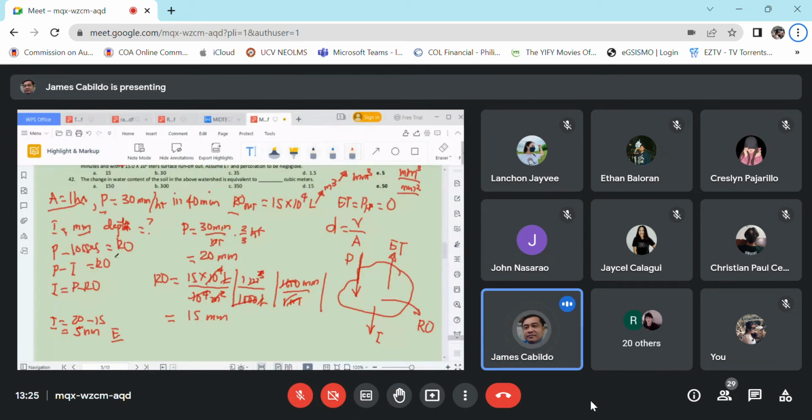Yan yung water budget equation. So, panay losses yan: ET at infiltration. So, precipitation minus ET minus infiltration equals runoff.